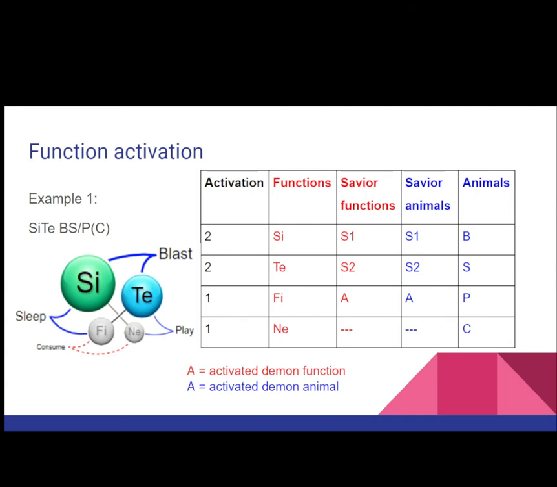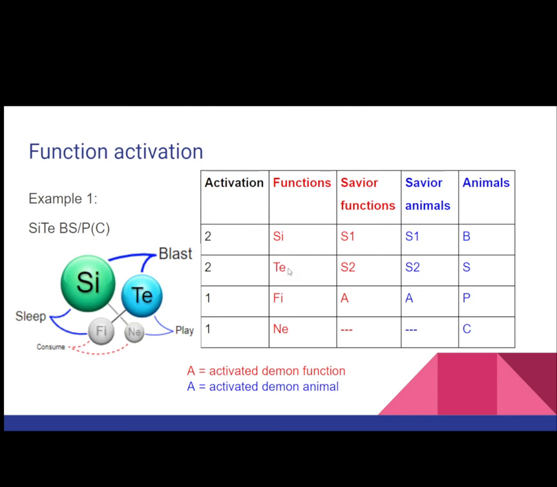If you look at this bubble diagram here, you can see that the SI is being activated from the blast animal. There's a connection there. And then there's also another activation from the sleep animal. So SI as a function is being activated twice, once in the blast animal, once in the sleep animal.